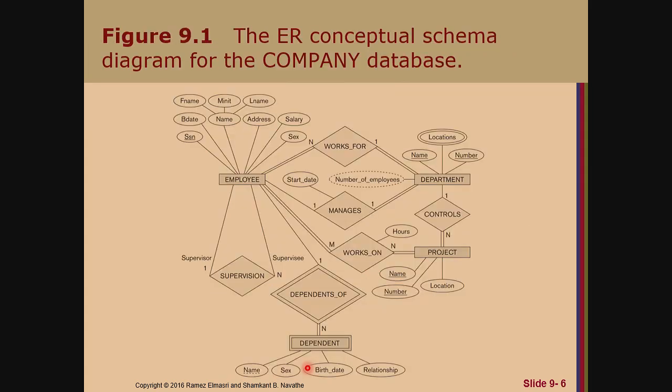Back to this relation. Okay, now we're talking about this relation, dependent. Here dependent is the weak entity, right? And the weak entity, we have name of dependent as the partial key, but sometimes name might duplicate, so name only cannot be the key of dependent.